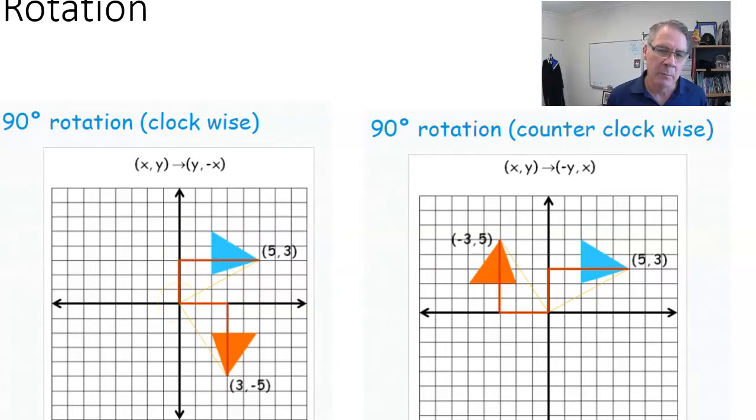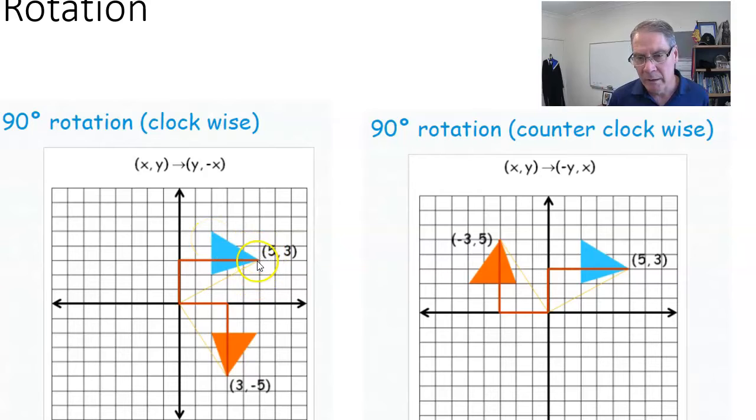Another way of thinking about it: put a pencil in the middle and rotate things around that. If the Cartesian plane stayed fixed, and these shapes were on a piece of plastic that could be spun around, and you put your point on here and spun the plastic around, where would it end up?